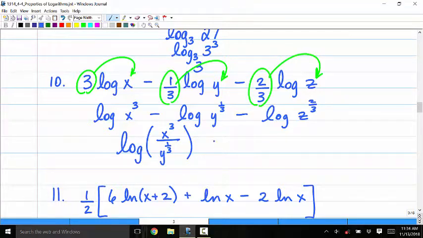Now I still have minus log of z to the 2/3, yes? Since I have a minus here, this needs to go in the denominator, exactly. So I'm going to say z to the 2/3 and erase that.